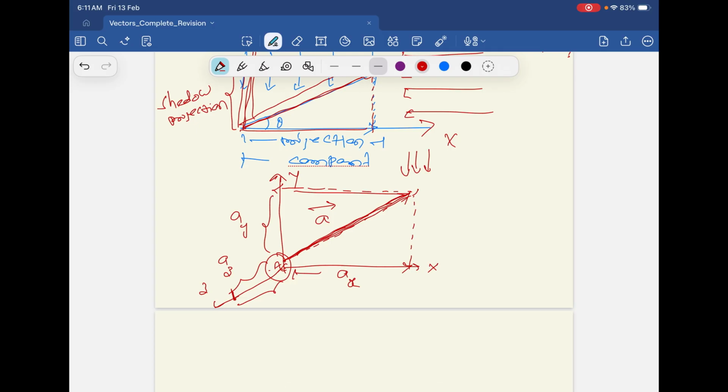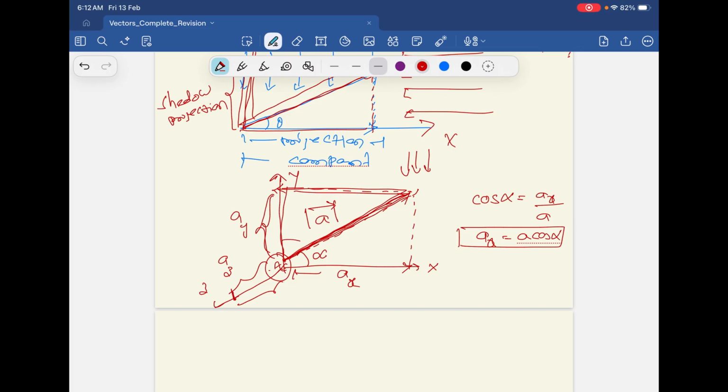So for example, this angle here is alpha. This magnitude is a. Already you know cos theta. So cos alpha is how much, beta? Adjacent side by hypotenuse. So ax value is a cos alpha, its length. On y-axis how much? Again the same, you can take this triangle here.